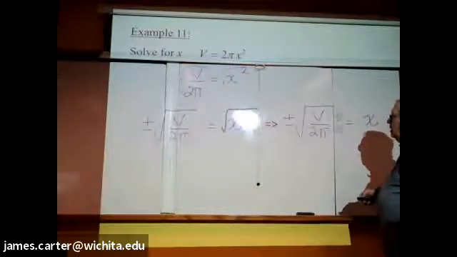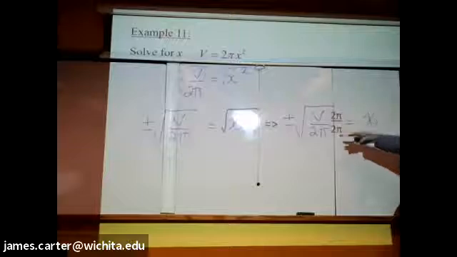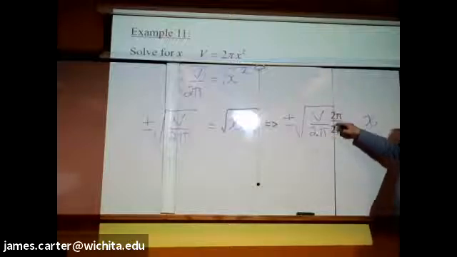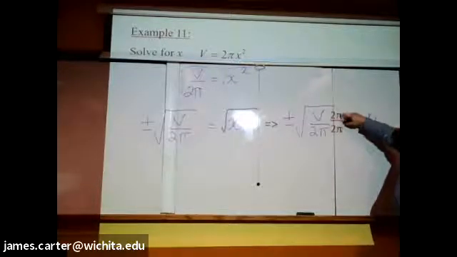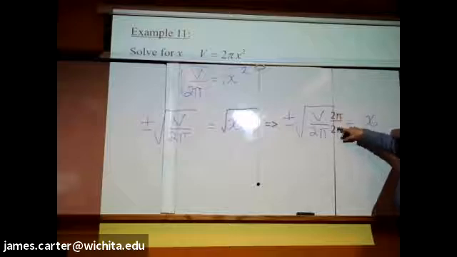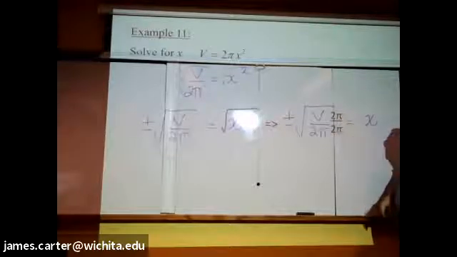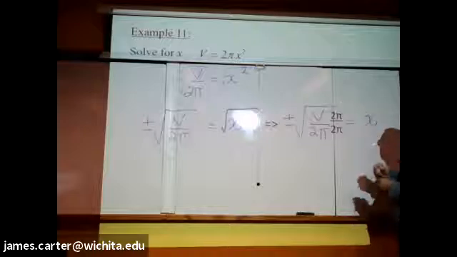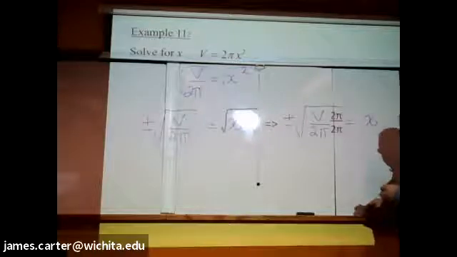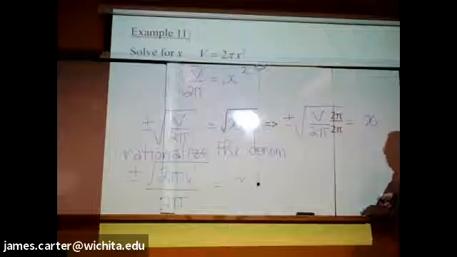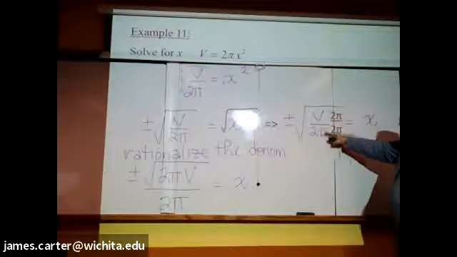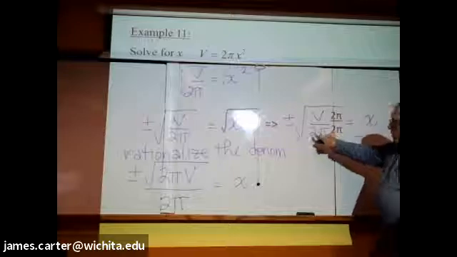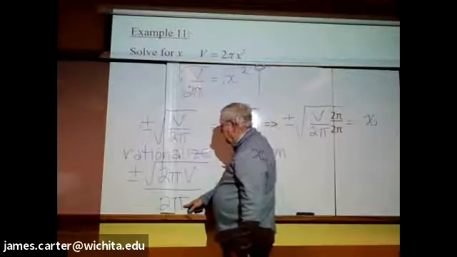On this one, how do I get rid of this 2 pi? Inside here, I multiply by 2 pi over 2 pi. That's like multiplying by 1, which we can do any time. And this, by the way, is under the radical that multiplication is. Now, when that happens, the square root of 2 pi squared is 2 pi.